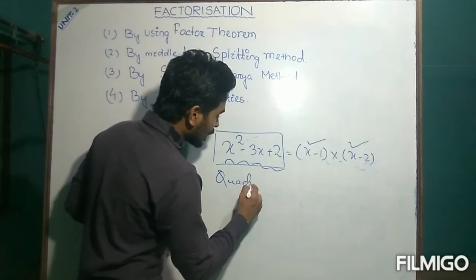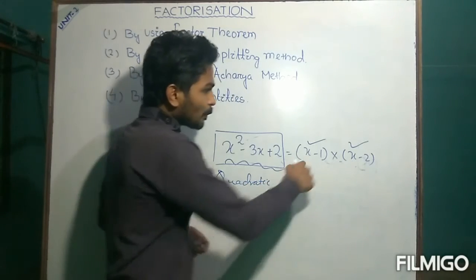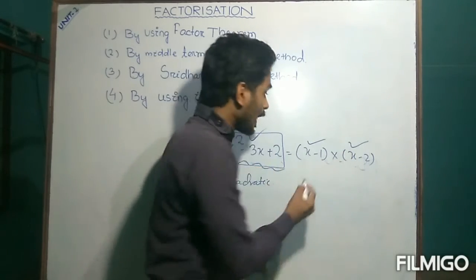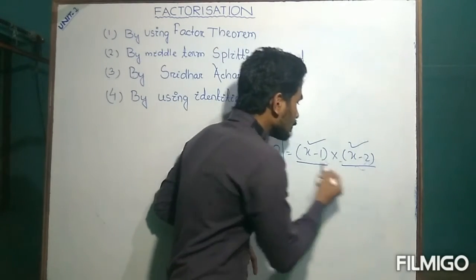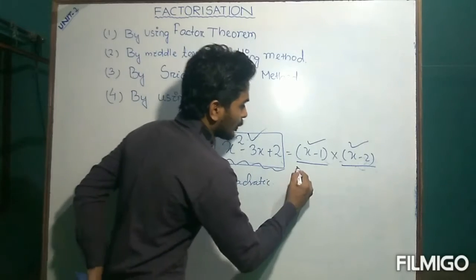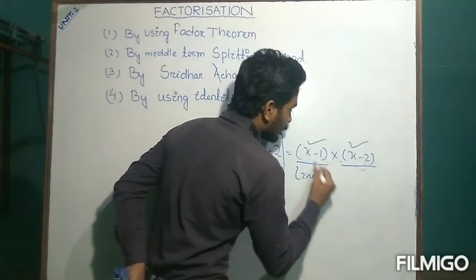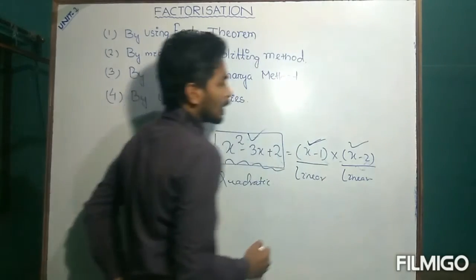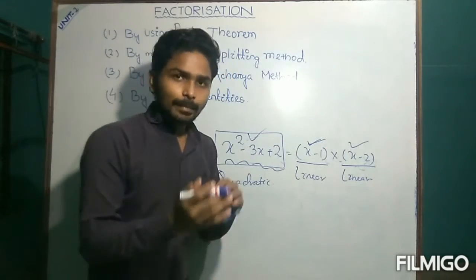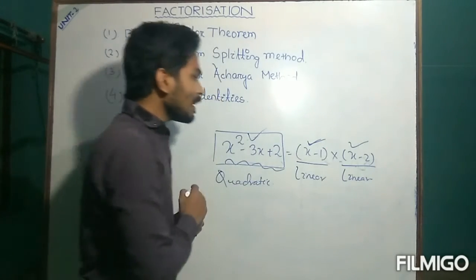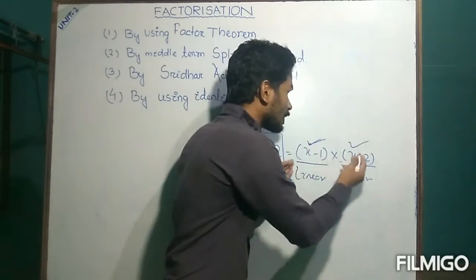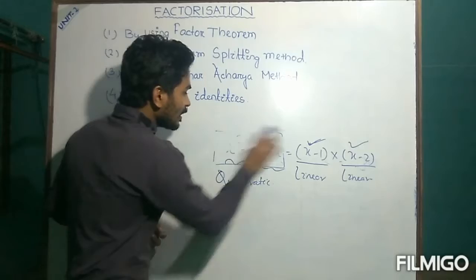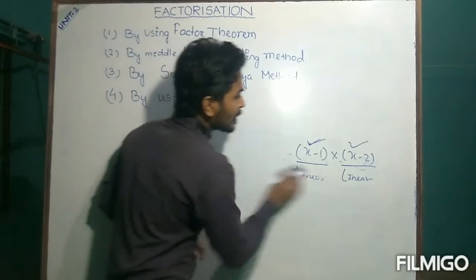Since the product of these two polynomials gives rise to a quadratic polynomial, we see the individual terms are linear polynomials, because their degree is 1. That means a quadratic polynomial can be expressed as the product of two linear polynomials. That we have already discussed in the previous session.